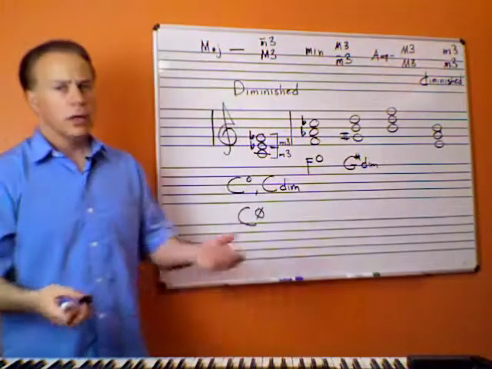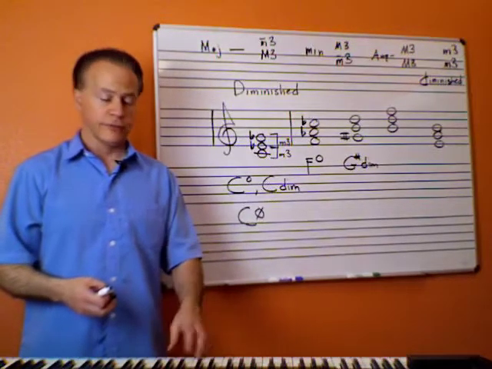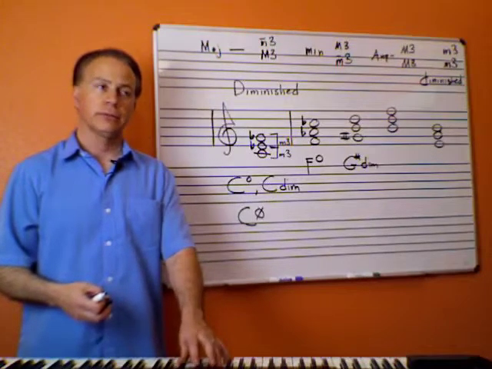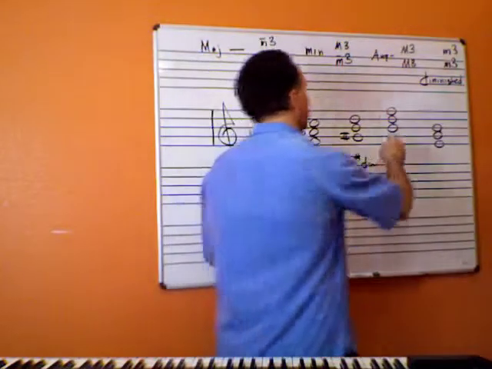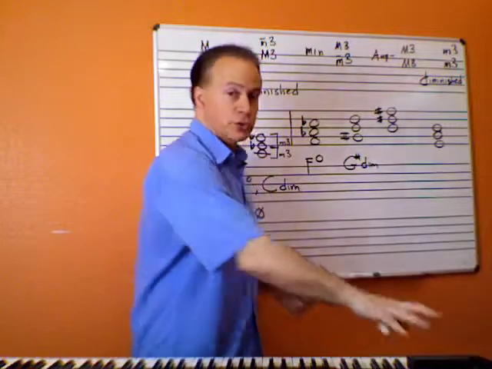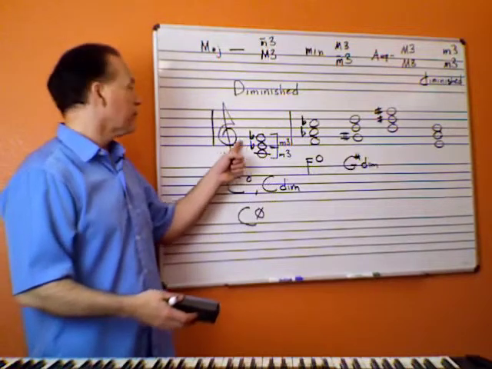B diminished. Let's build it from the major scale and then alter it. So the B major scale, 1, 3, and 5, would be B, D sharp, and F sharp. B, D sharp, and F sharp would be your B major triad. So if we're going to alter this B major triad to make it diminished, remember we're going to lower the 3rd and lower the 5th.